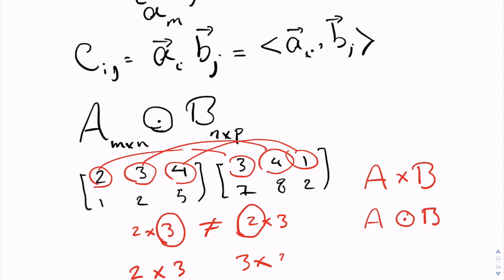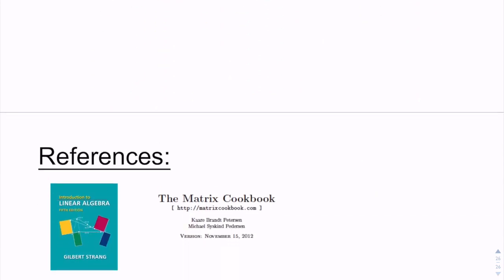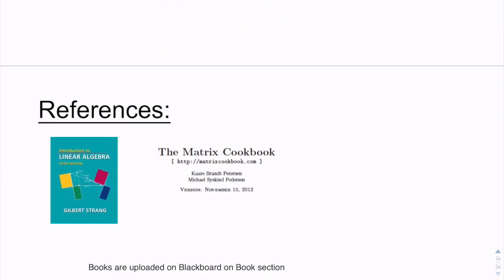So this is all the components, operations, and definitions you need in order to proceed to the next step, in which we use some algorithms and we apply these definitions and operations on those algorithms. I have included 2 references in here. There are 2 books. These books are uploaded on Blackboard in the book section.